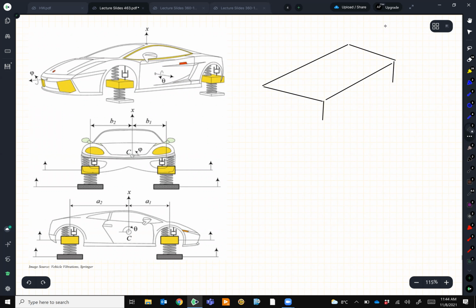Let's say this is the car, and this is the tire, maybe for this corner.